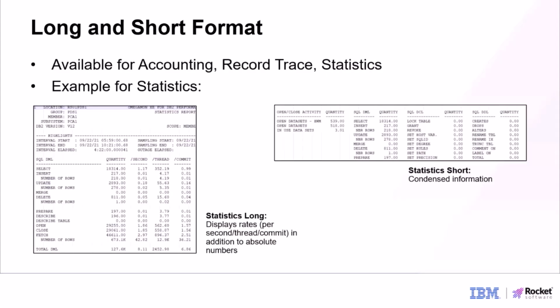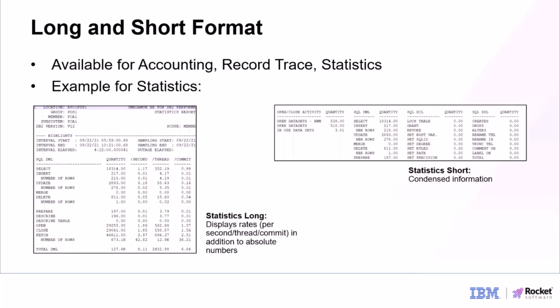So for some of the reports, you have the option of specifying the level of detail in the output. For example, for the accounting, the record trace, and the statistics type of reports, you can choose between a long and a short format. The short format is just a condensed, summarized version of all the activity collected, versus the long, which is going to give you the detail for each of the individual plans or packages, as an example.